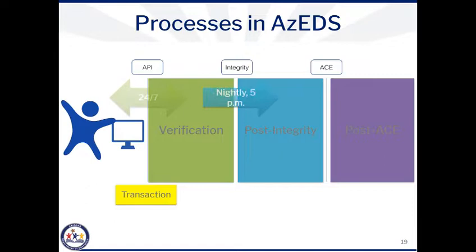Nightly, at 5 p.m., integrity runs and results in data landing in the post-integrity phase. This phase will contain data that has met the requirements in the integrity rules. Immediately after integrity has finished running, the ACE process will run. The data that lands in the post-ACE phase will represent data that determines your state aid payment.